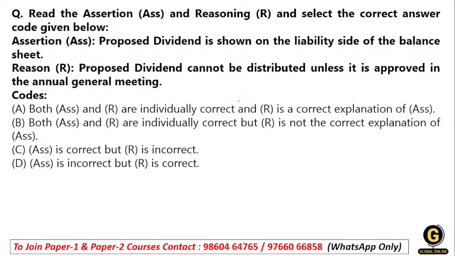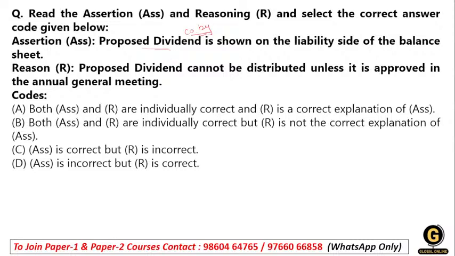Proposed dividend is the dividend amount which is recommended by the company to its shareholders for approval. It is proposed by the company, but it depends on the shareholders whether they accept the proposal of dividend or reject it. So this is your proposed dividend.